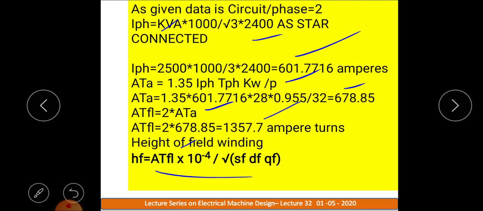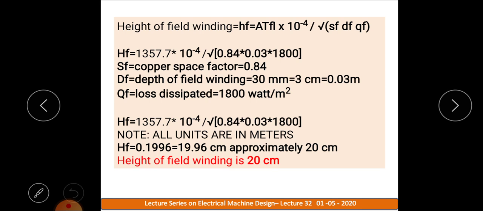That value is given in the problem statement. The next one is DF, the depth of field winding. That value is also given. And QF is the loss per meter square, how much it is going to operate. All these values are given in the problem statement. The denominator terms, all the values are given in the problem statement. So we are going to move on to the height of field winding.